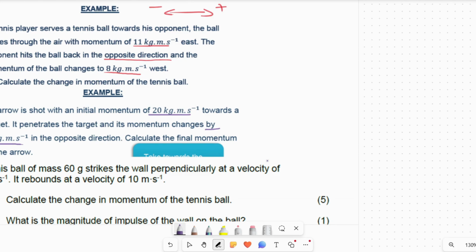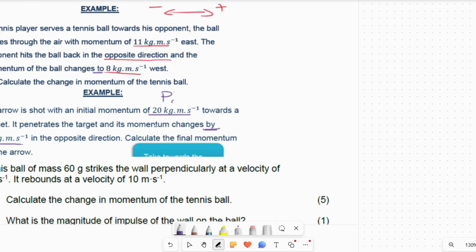Let's understand the question. Sometimes the questions also give you clues about what you might have in the statement, in case you are not too sure. In this case, we are 100% sure that 20 kilogram meters per second is the initial momentum. Sometimes we might be confused by the term "by." If you look at this, it says the momentum changed to. When I say the momentum changes to, that means it is the final momentum.